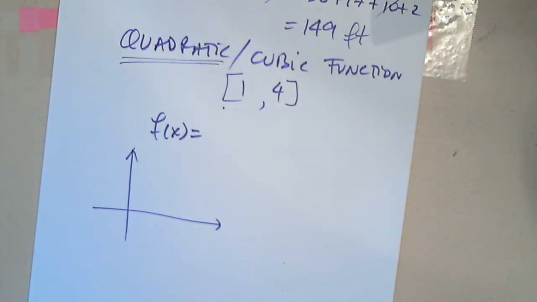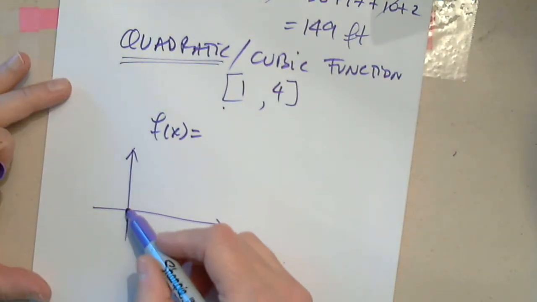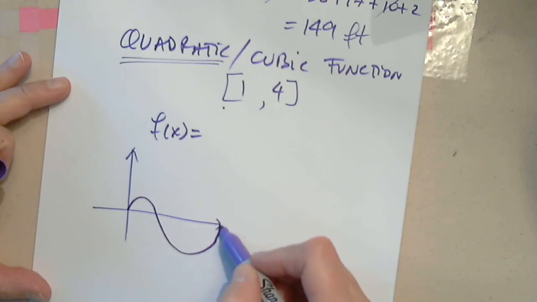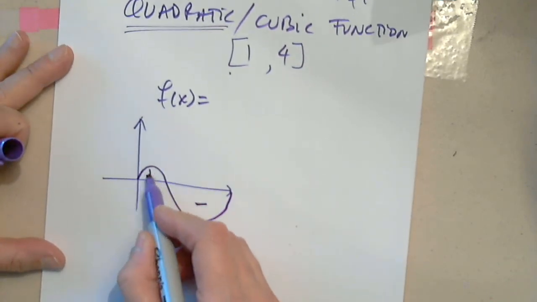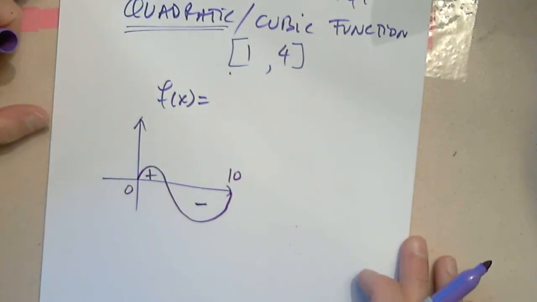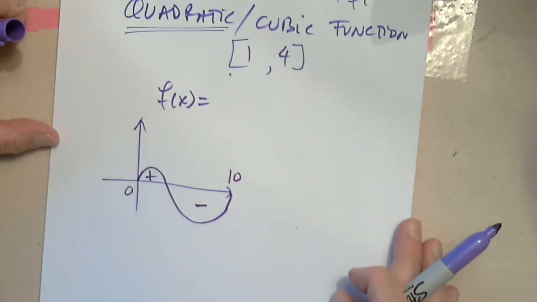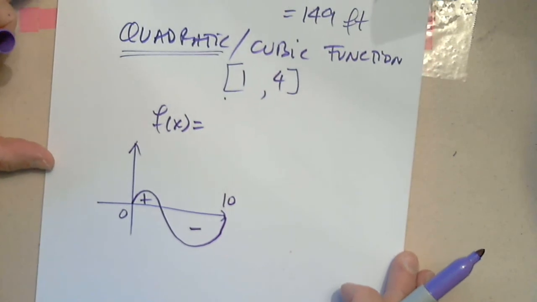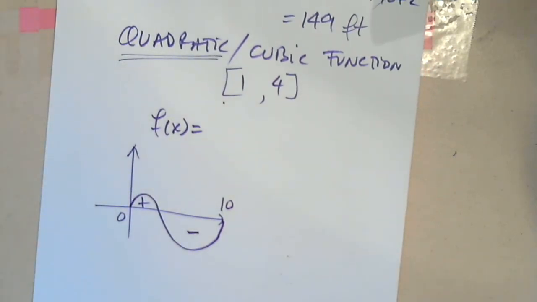So whatever you pick, I just wanted to show something like this. This area is negative, this area is positive. Obviously between 0 and, let's say, 10, the result will be negative, because this is much smaller than that in absolute value. So now let's choose. We can choose a quadratic function, if you'd like.